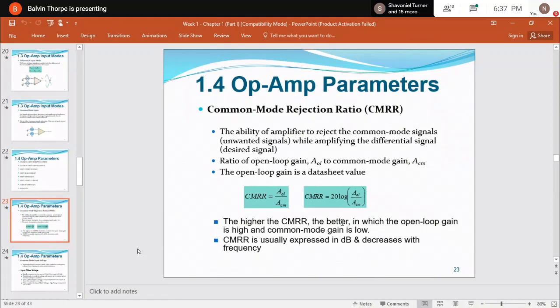So the CMRR is not just a formula, but actually a measurement parameter to see how well a transistor is rejecting noise, or rejecting common signal, and amplifying differential signal. And you see the second to last bullet point says the higher the CMRR, the better, in which the open loop gain is high and the common mode gain is low.